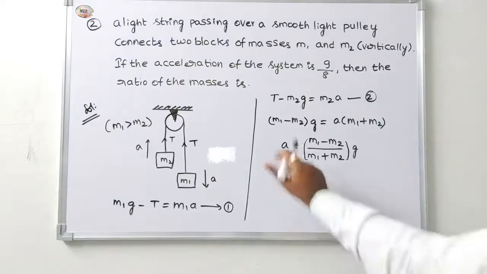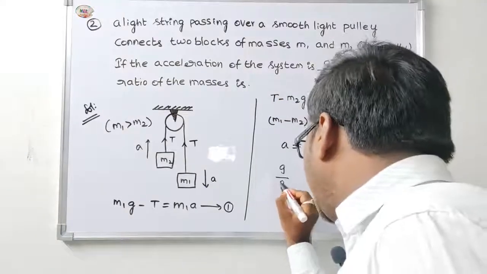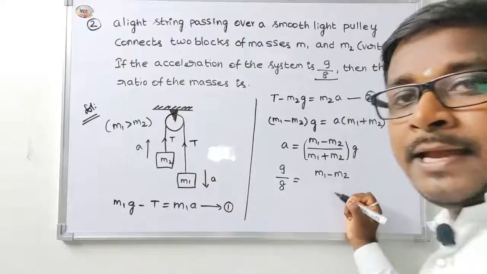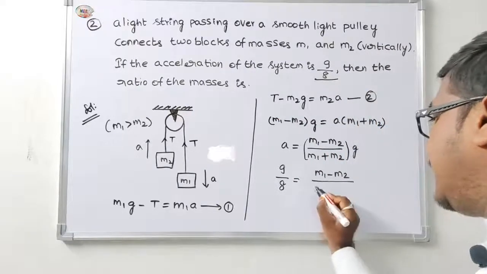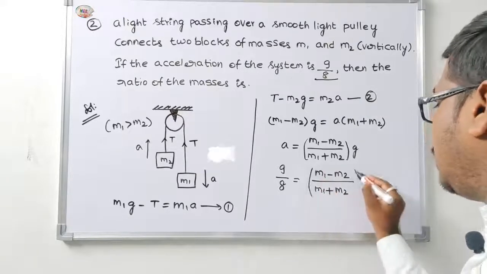In this problem the acceleration is g by 8. So g by 8 is equal to (m1 minus m2) by (m1 plus m2) into g.